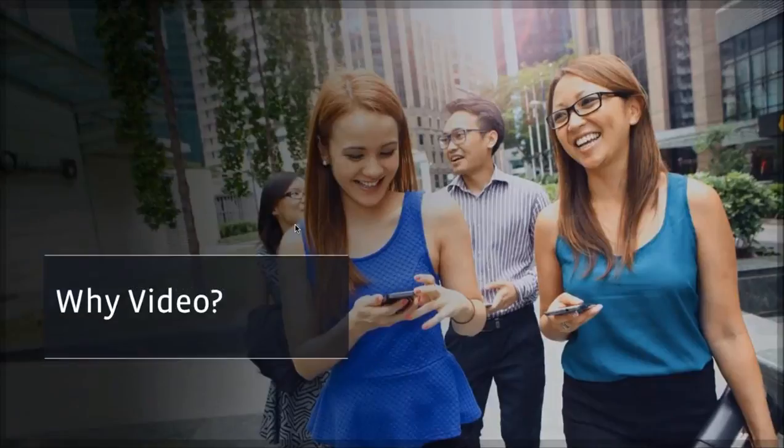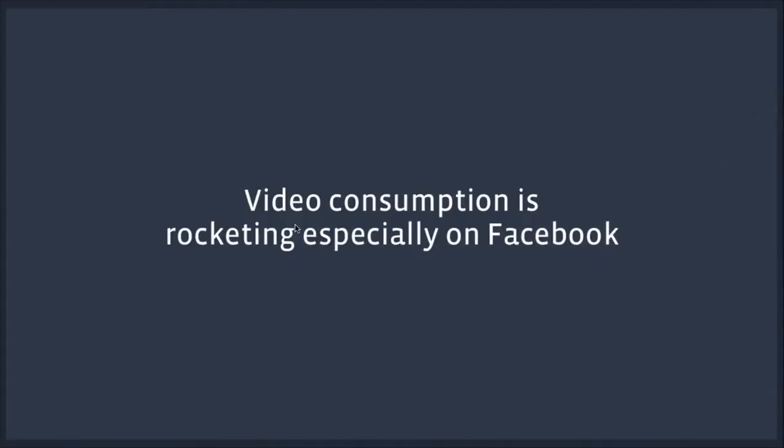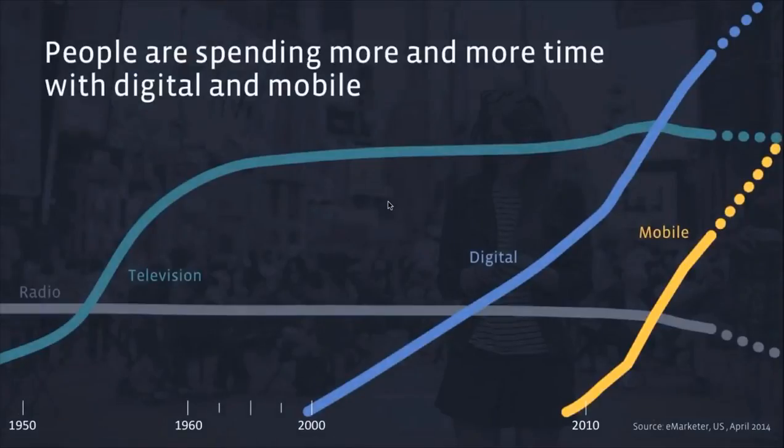So why video? This is a great question. Video consumption is skyrocketing recently, especially on Facebook. If you look at these lines that map the rise of various dominant media in the past 50 years or so, it's totally understandable that radio dominated for a very long time.